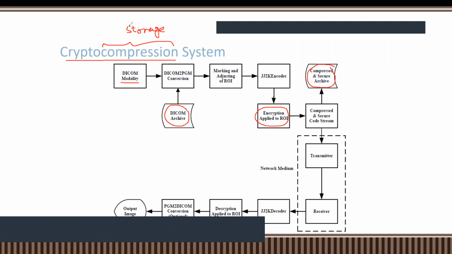Nowadays storage space is not that expensive, but encryption is to cater to the security aspect of the medical information. So in this way, it is possible to realize a system which can store information which is both compressed and also contains the encryption or security technologies applied to it.